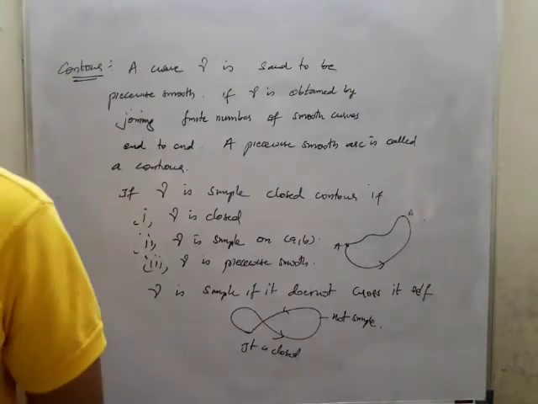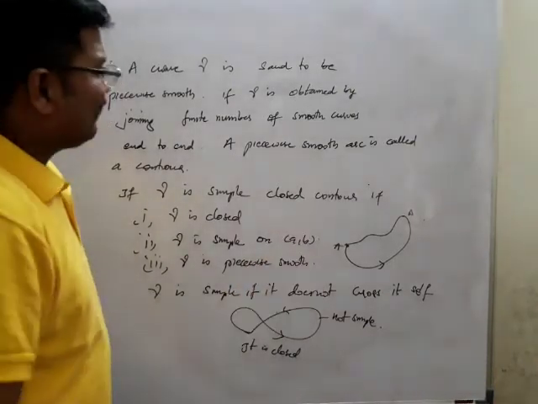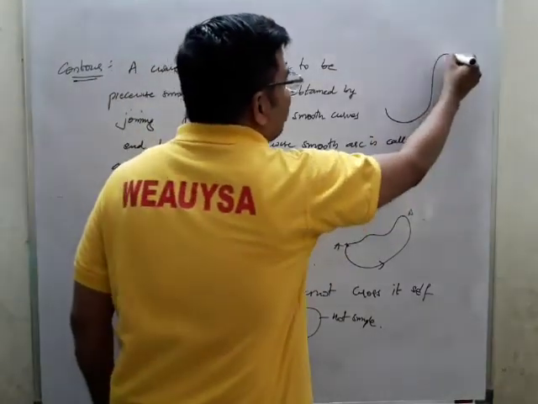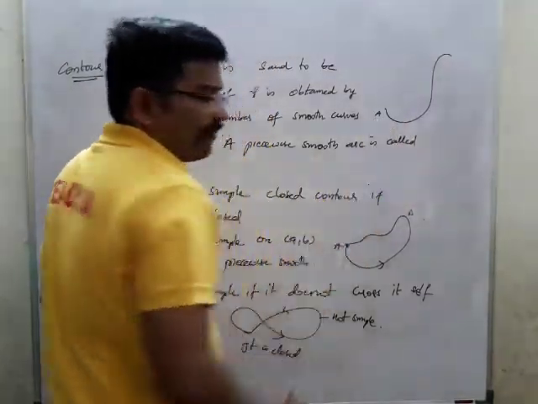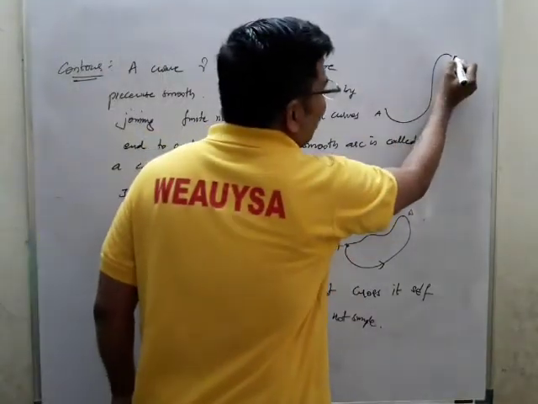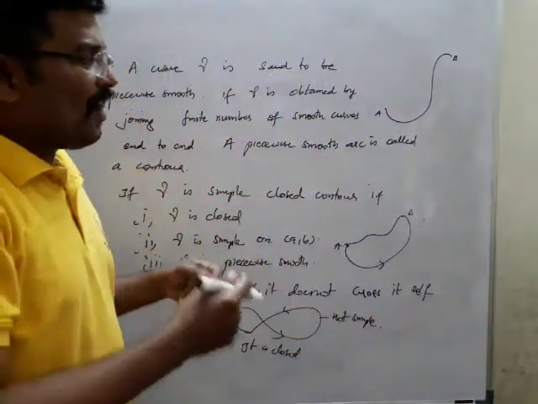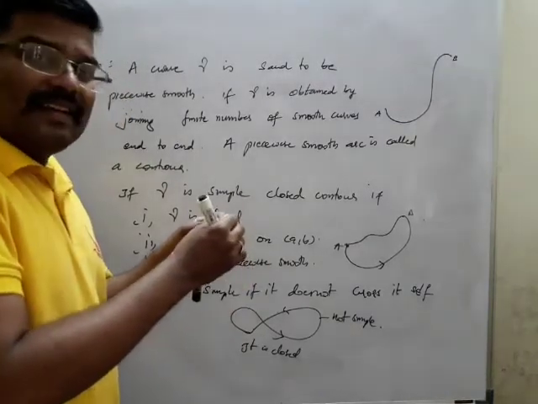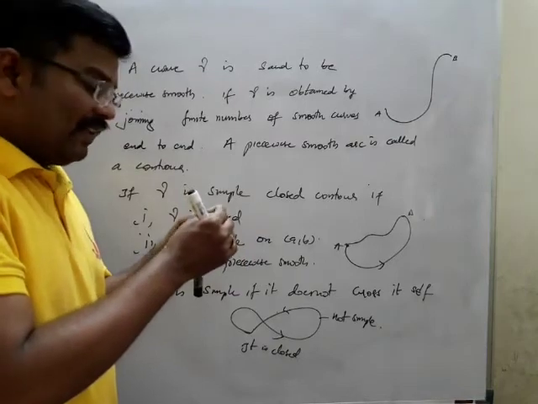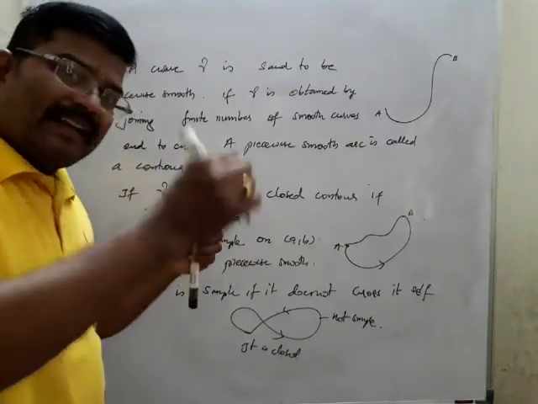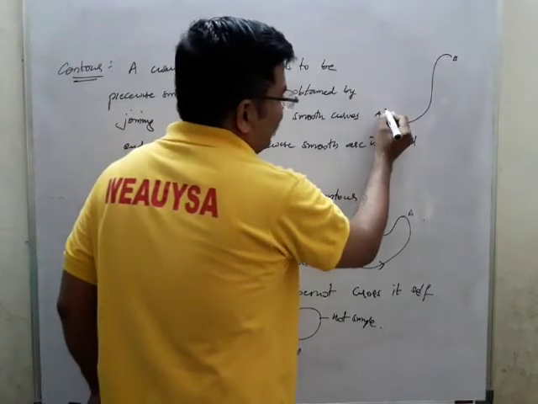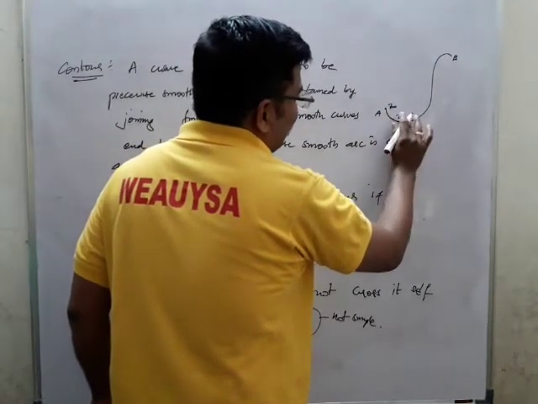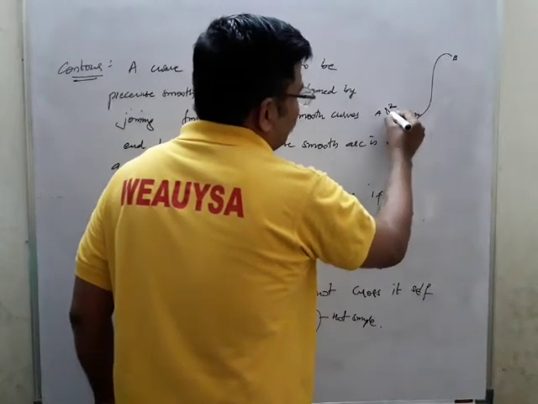Once again, a contour is a curve with starting point A and end point B, formed by joining a chain of a finite number of regular arcs. Let us take Z0, Z1, then Z1, Z2, and so on up to Zn minus 1 and Zn.